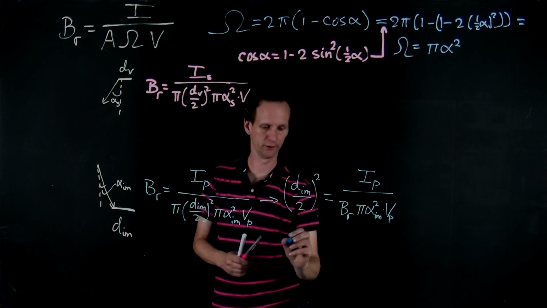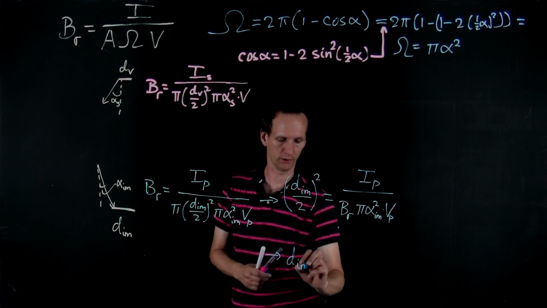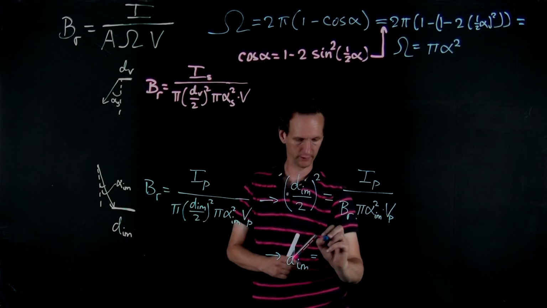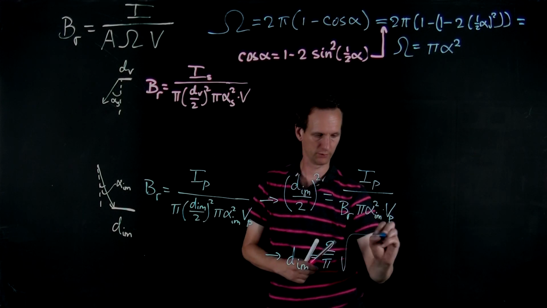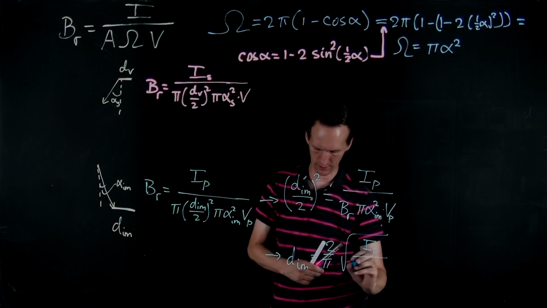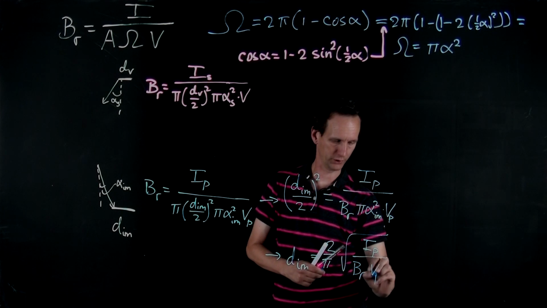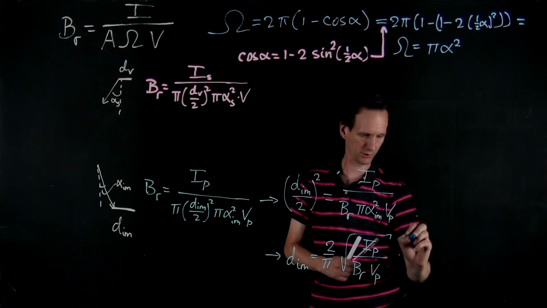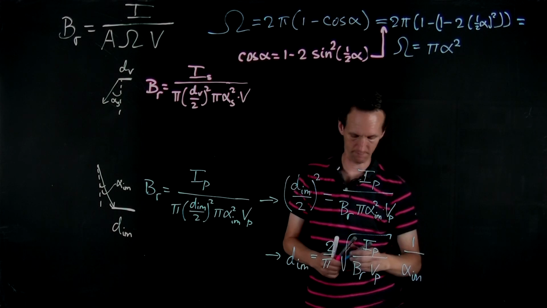Or in other words, we can rewrite this to read d image equals 2 over pi times the square root of the probe current divided by the reduced brightness times the voltage with which the beam arrives at the sample, times 1 over the half opening angle of the beam.